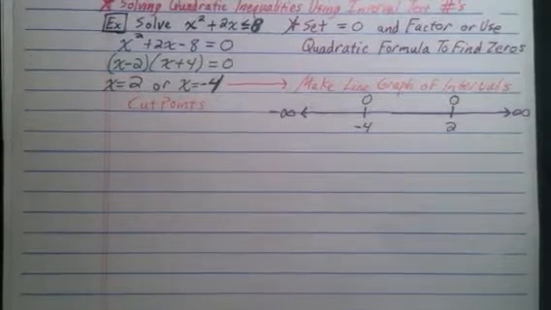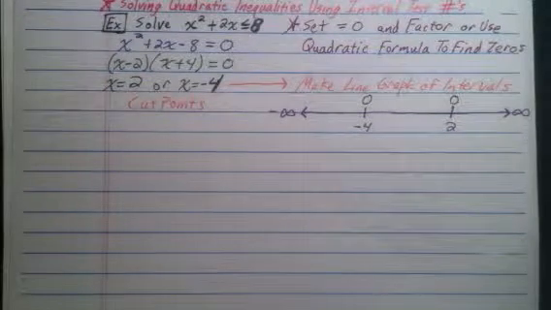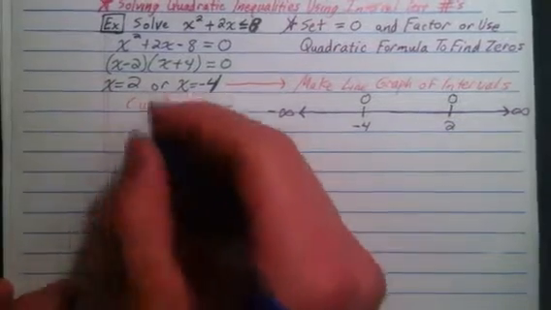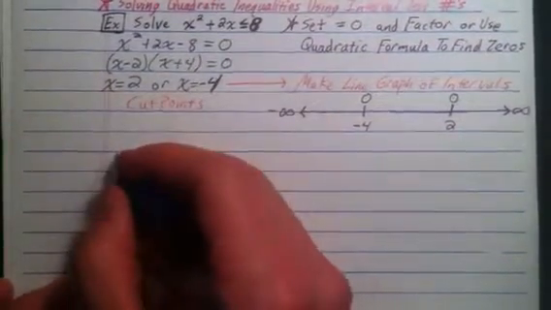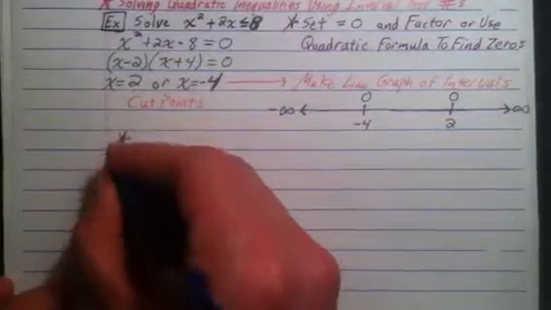So what we do is we pick a value from each interval to test in the inequality, our inequality from back up here. So let's write that down.